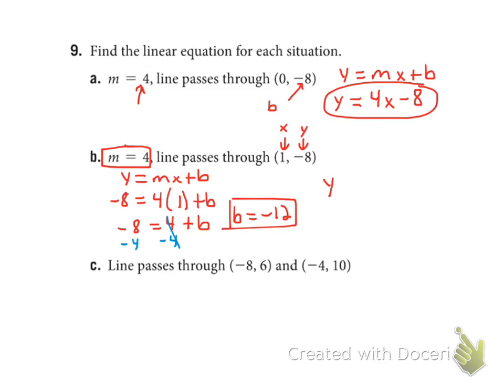We found our m here, or well, they gave us that, and then we found the b here. So now we can substitute those values in. So y equals 4x plus negative 12. Plus negative 12, it's better to have just one sign in there, so minus 12 would be best.